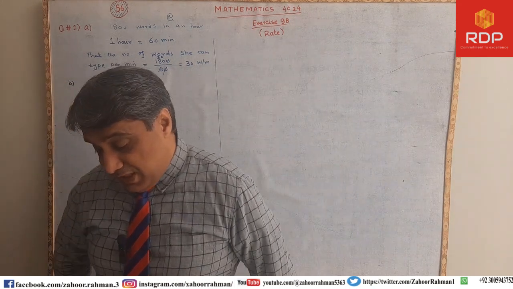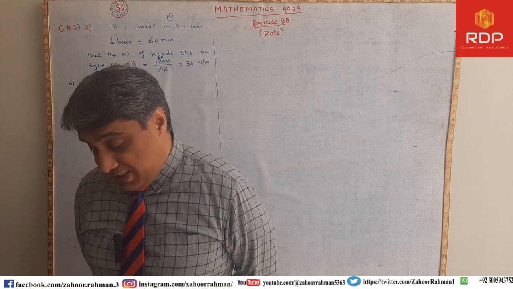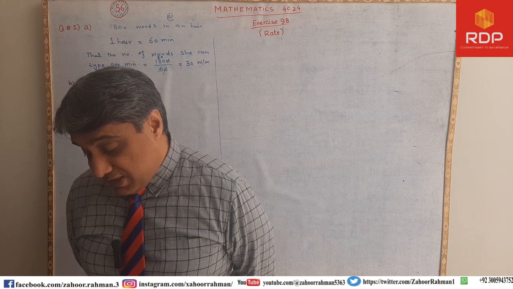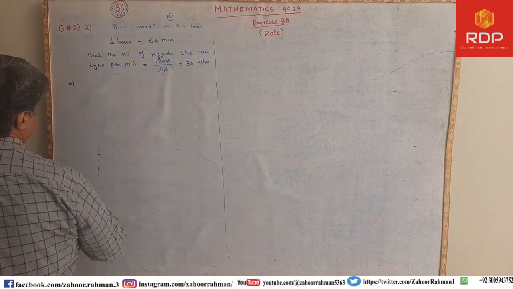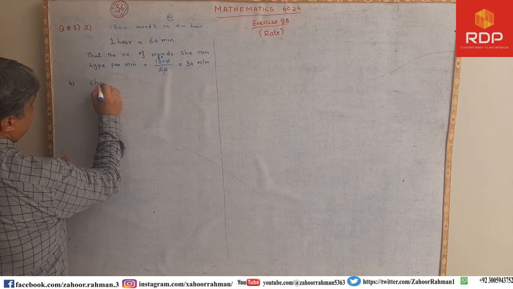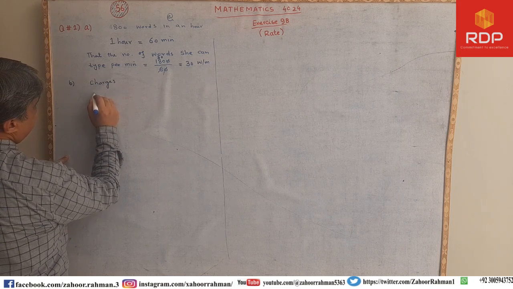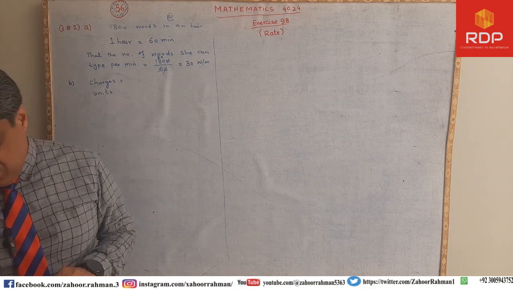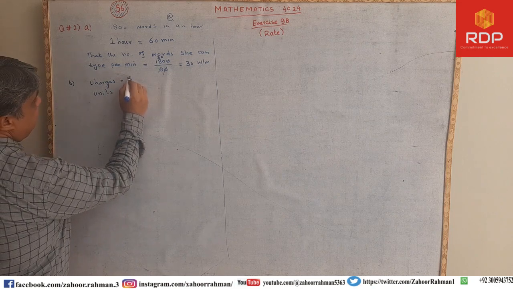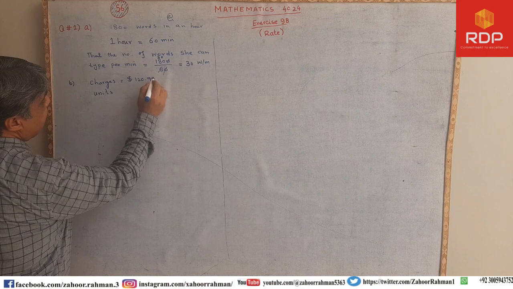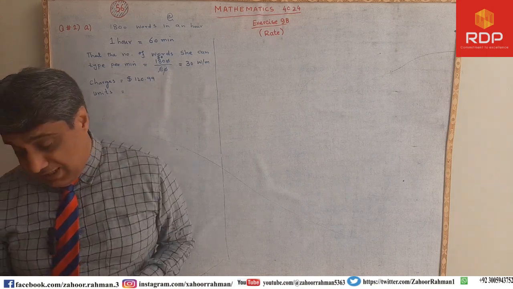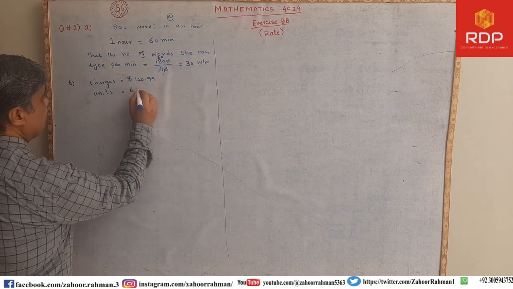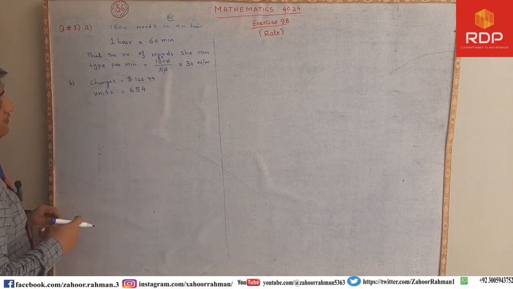If $120.99 is charged for 654 units of electricity, we have to write 120.99 and the units are 654.